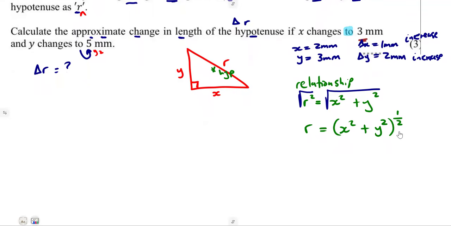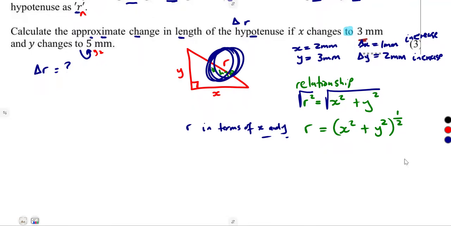All right, so this is it. We have, in this case, a statement of our R in terms of X and Y. So the question is, how can we determine now that change that happened in our hypotenuse?